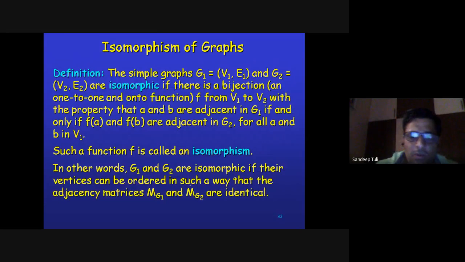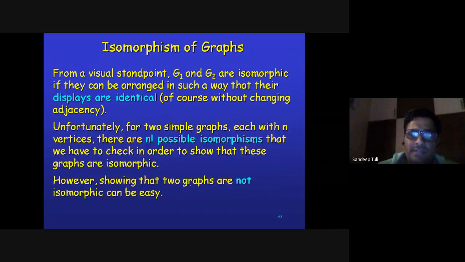So now is it okay or not? Now you can understand the definition also. Suppose for two graphs, if we have a bijection from the vertex set V1 to the vertex set V2 with the property that A and B are adjacent in G1 if and only if they are adjacent in G2 also, then we will say they are isomorphic.